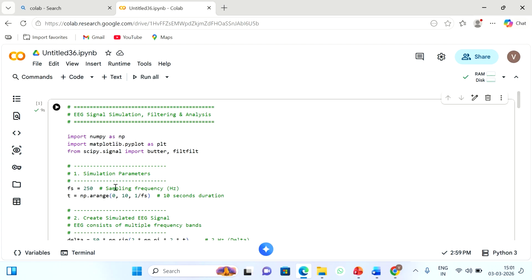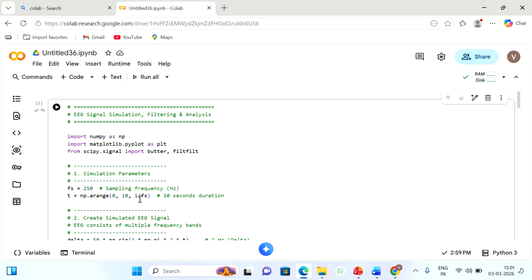The first part is the simulation parameters. Let us assign fs equal to 250, the sampling frequency in hertz, that is, 250 samples per second. t is equal to np.arange(0, 10, 1/fs). So it is a 10-second duration on the time axis, the x-axis, starting from 0 and ending at 10. This duration is divided into uniform intervals with a step size of 1 by 250.